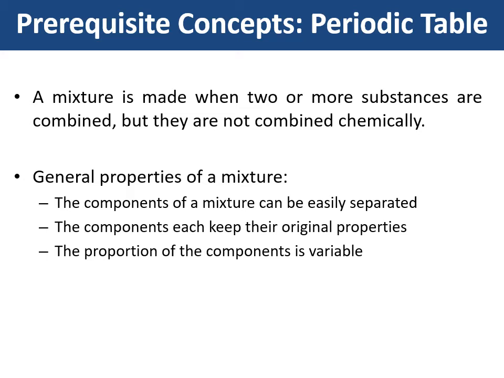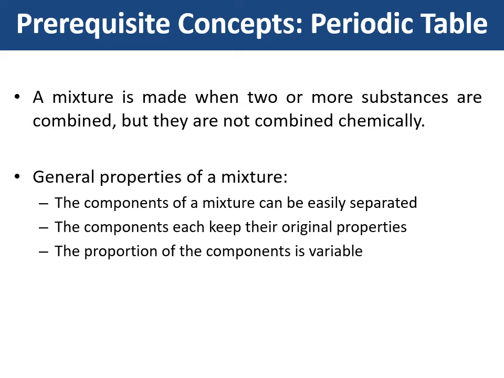Okay. Number 1, the components of a mixture can be easily separated. Ano ang ibig sabihin? Mas madali daw siyang mapaghiwalay. Meron mga process na pwedeng gamitin para ma-separate natin yung components of a mixture.